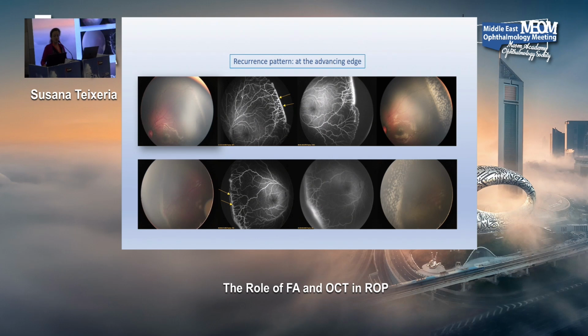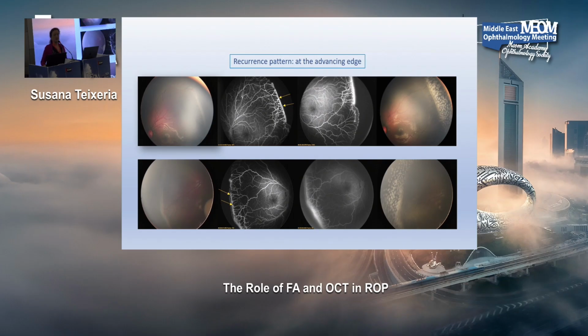So here you have a kind of recurrence where you can see all the ischemic posterior retina, and not only the impregnation, but also the diffusion of contrast. So you have neovascular activity there, and this is an advanced recurrence pattern.